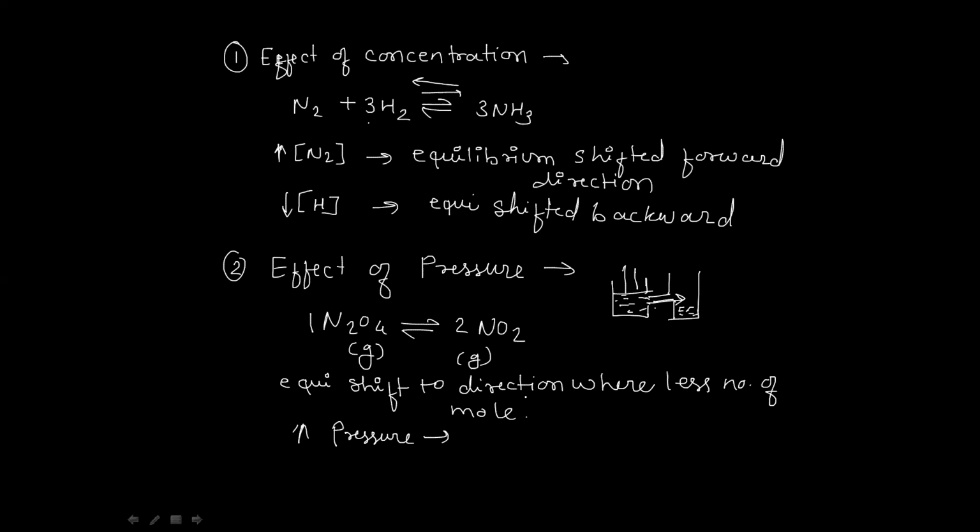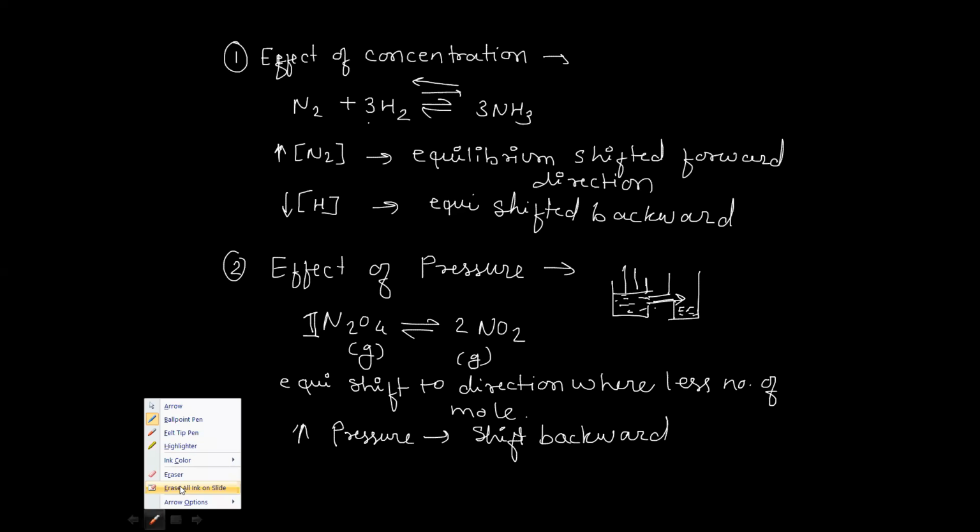We know that the equilibrium shifts to the direction where the lesser number of moles is present. In the reactant, only 1 mole of N2O4 is present, and in the product, 2 moles are there. So the fewer moles are in the reactant, and the equilibrium will shift backward. So you may have got how pressure affects the equilibrium.